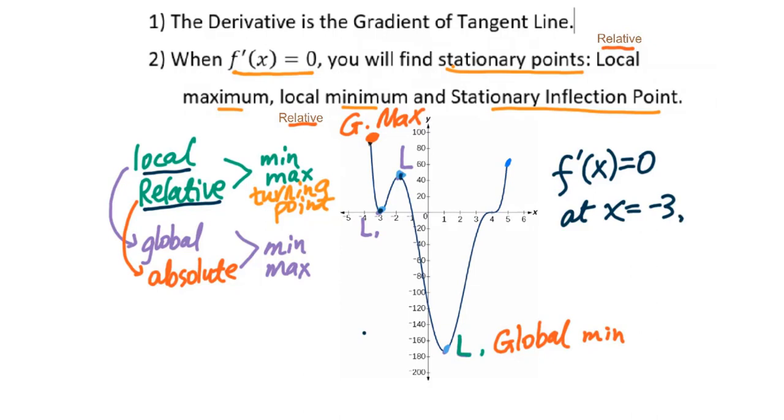For this one, it's x equals -2. Here, the local minimum is x equals 1. And also this one, 4, is a stationary inflection point. So from the graph, you could figure out where the derivative equals 0.